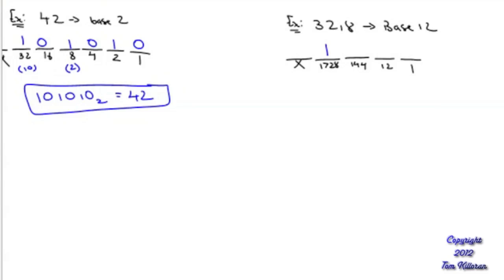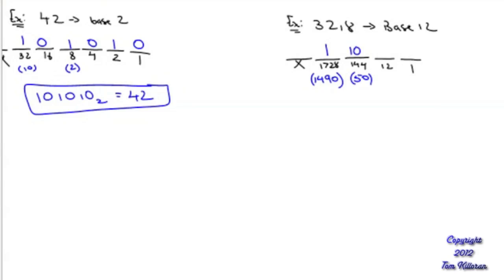Then you subtract 1 and hit equals, and you multiply by what you divided by, the 1728, and you should get 1490. What do I do with the 1490? Divide by 144, hit equals, you get 10, so 10 goes up here. Subtract 10, hit equals, multiply that by 144, and you get 50.